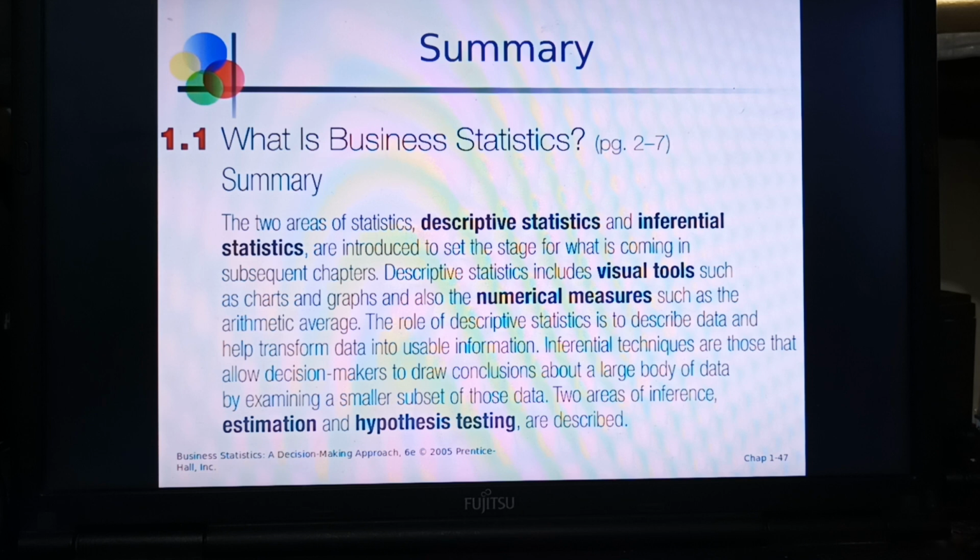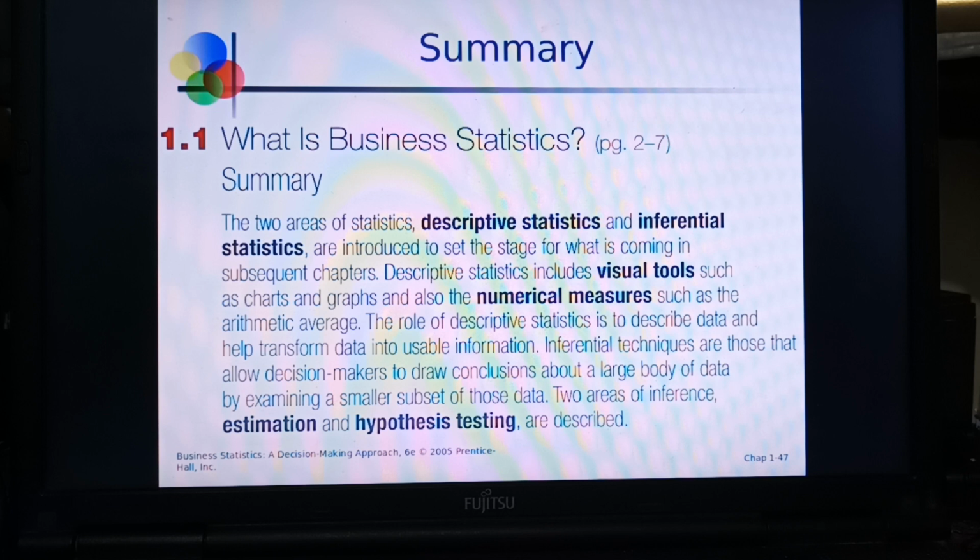In short, what is business statistics, or what is statistics in general? In chapter 1, the two areas of statistics, the descriptive statistics and the inferential statistics, are introduced to set the stage for what is coming in the next chapters.